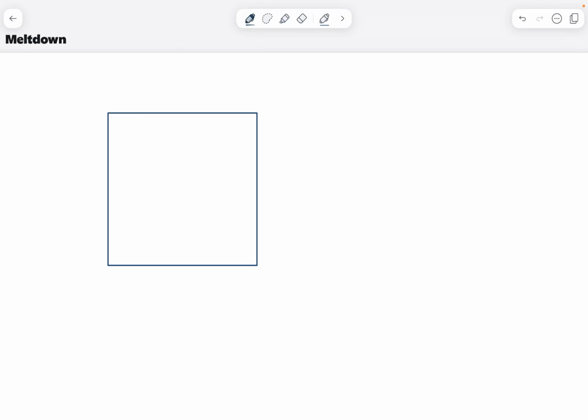Inside the room there are 3 controls, 3 switches. I'll draw it like this. This is control 1, and I'm going to paste it. This is control 2, and this is control 3.